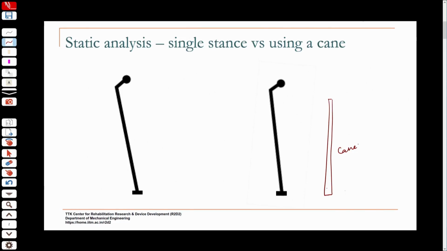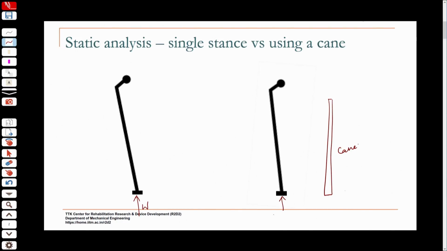These are the two things that we compared last time, and we found that the loads on the hip reduce considerably when you use a cane, even though the cane takes only a small portion of the overall body weight. Here I think we assume the entire body weight is acting on this leg.